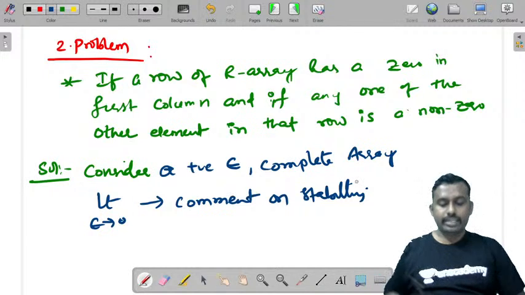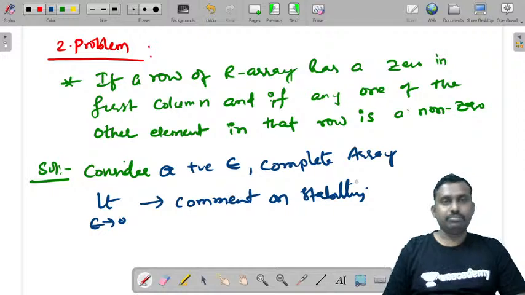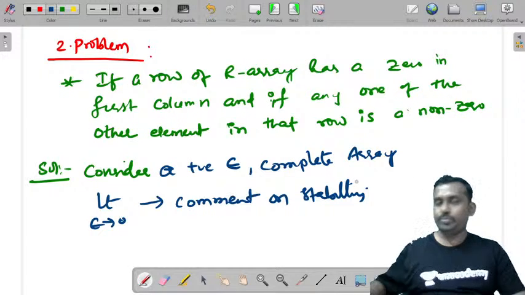This is what we'll do generally. So if a row in the Routh array has a 0 in the first column, and if any one of the other elements in that row is non-zero, then consider a positive number epsilon and complete the array, and then apply the limit epsilon tends to 0 and comment on the stability of the given system. This is what we will do.